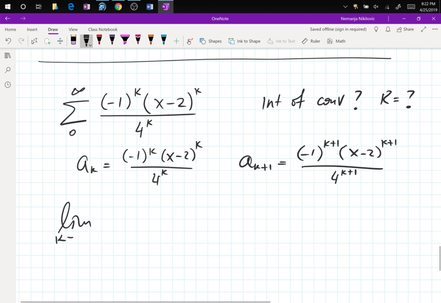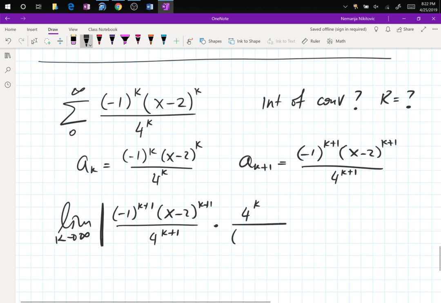Next, the limit as k goes to infinity of the absolute value of negative 1 to the k plus 1, (x minus 2) to the k plus 1, divided by 4 to the k plus 1, times, flip this one, 4 to the k, so you save a step, over negative 1 to the k, (x minus 2) to the k, close absolute value.